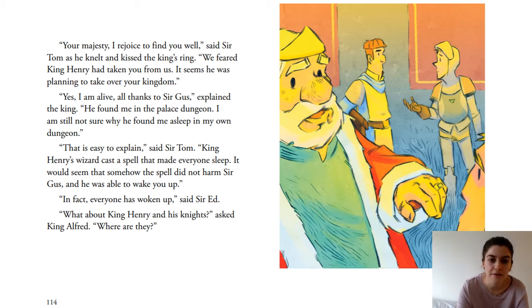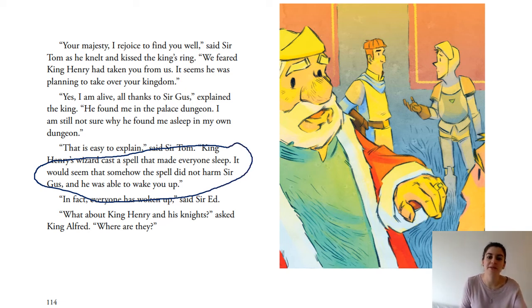Okay, look right here. Sir Tom explained it to the king right here in this paragraph. It says, "King Henry's wizard cast a spell that made everyone sleep. It would seem that somehow the spell did not harm Sir Gus, and he was able to wake you up." That tells how King Alfred and Sir Gus ended up in their own dungeon.